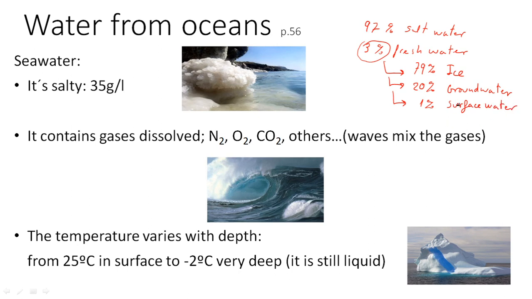And you can find this surface water as rivers, lakes, atmosphere, and living things. So when we think of water, sometimes we think of rivers, lakes, and so on. But we have to think that it is a tiny part of all the water in the planet.